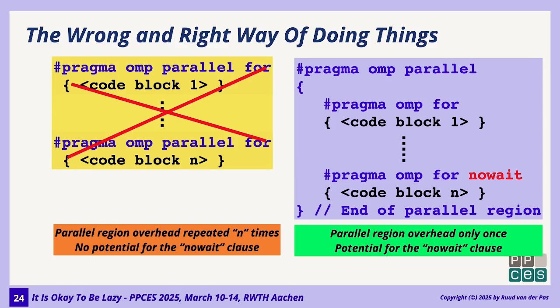That's even worse. So you have the single pragma omp for, and that gives me the cost of a parallel region only once. So instead of n times, I have it once. So that's already a saving, and that's not small. And I can start playing with this nowait clause, if you have that situation.